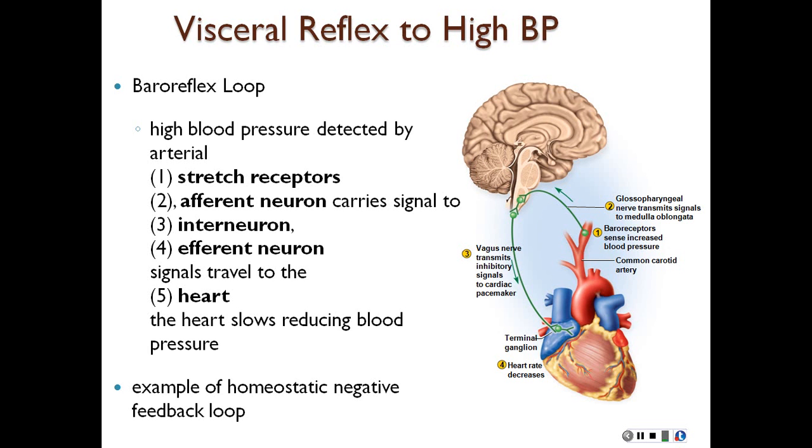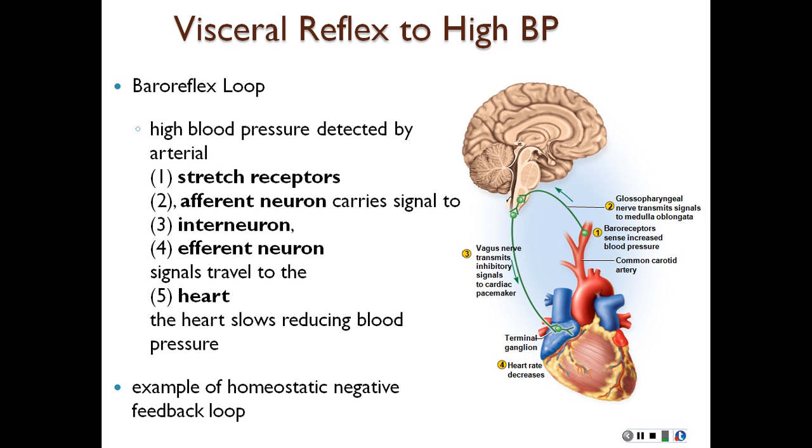Okay, so you need to know that the interneurons of the baroreflex loop are found in the medulla oblongata. Okay, and look at the picture and see what happens next.